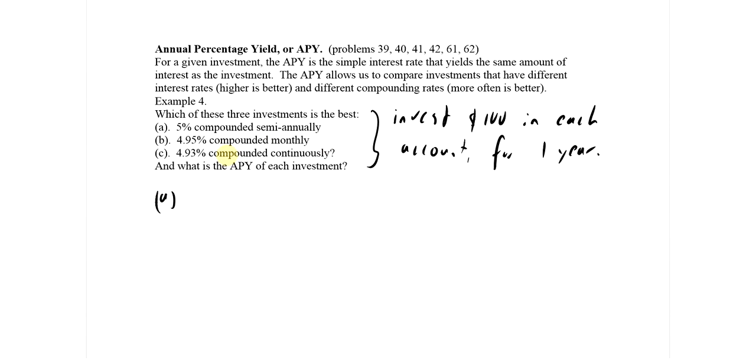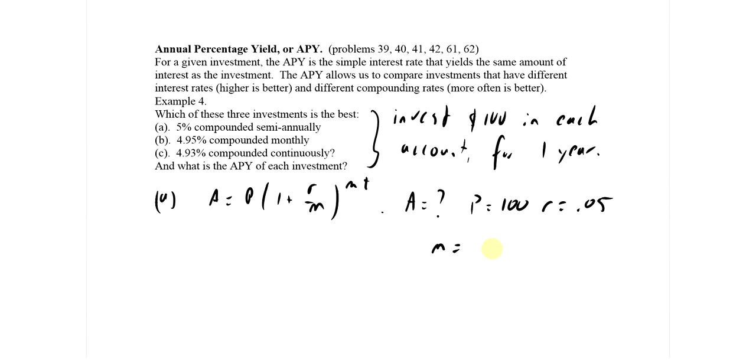is compounded semi-annually. A equals P(1 + r/m)^(mt). And here we want A, we want to see how much we have after 1 year. We'll invest $100. The rate is 0.05. M is twice, semi-annually, that's twice a year.